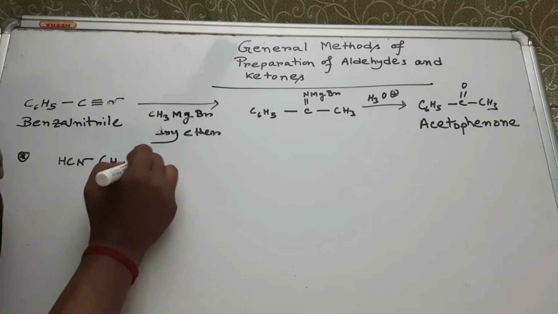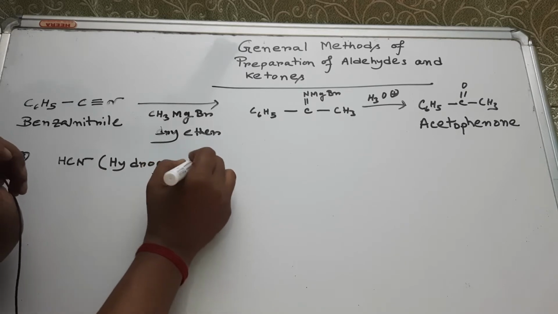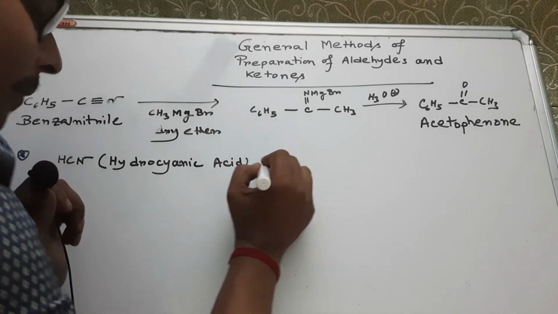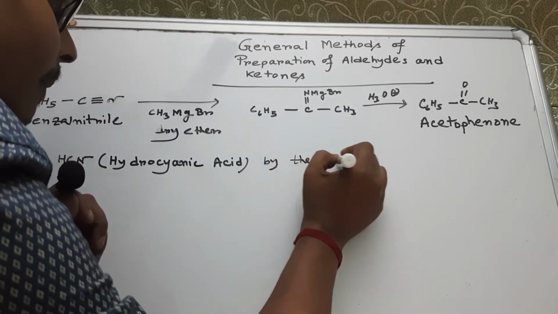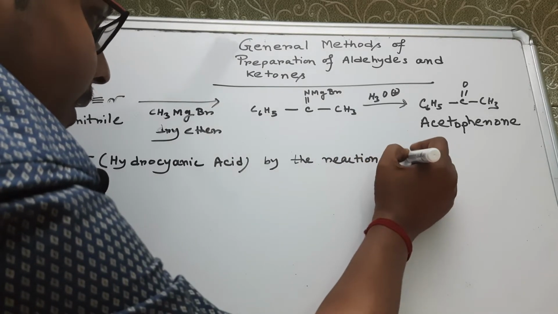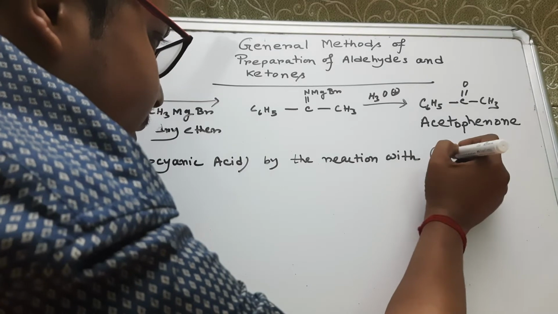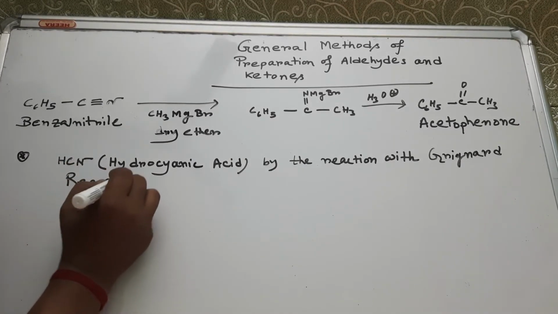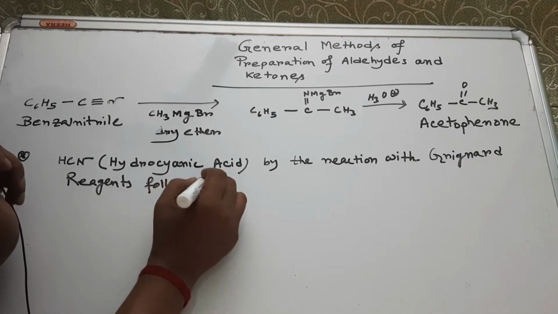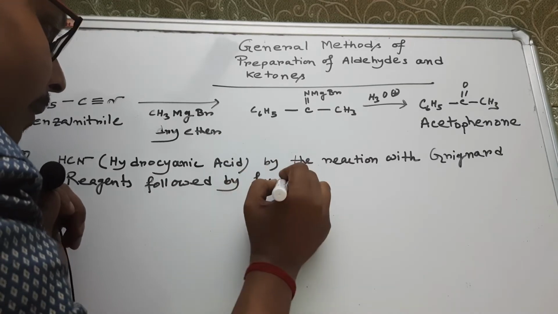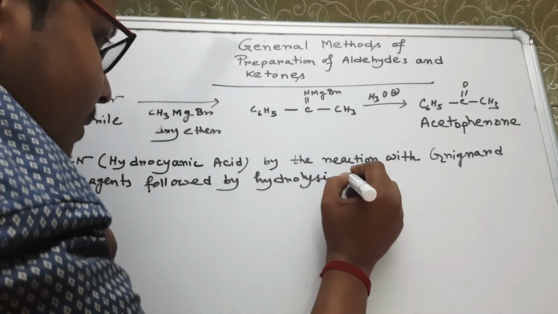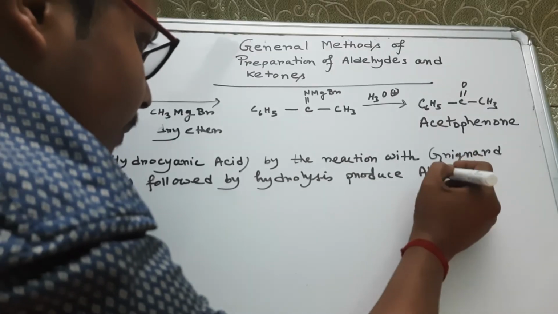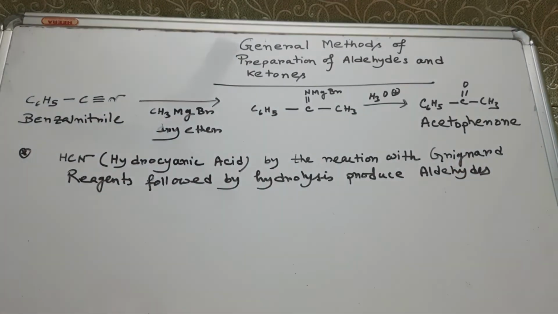Hydrocyanic acid by the reaction with Grignard reagent, followed by hydrolysis, produces aldehydes. Please write down.